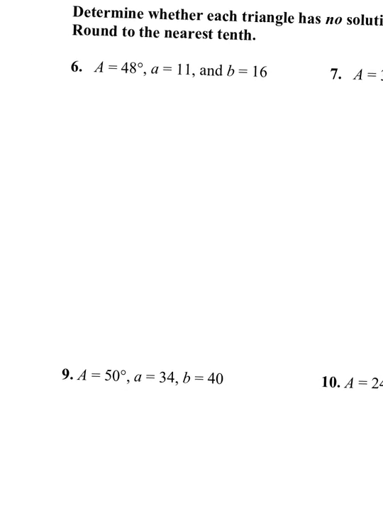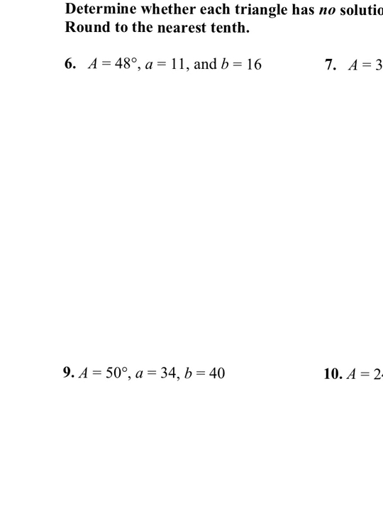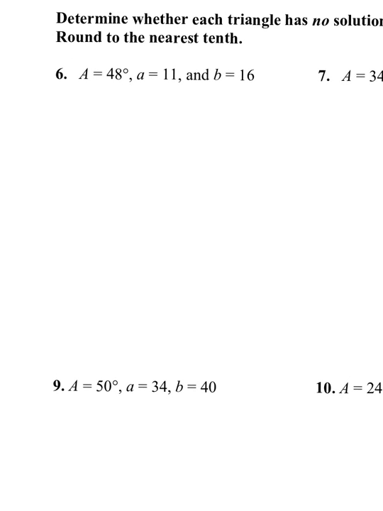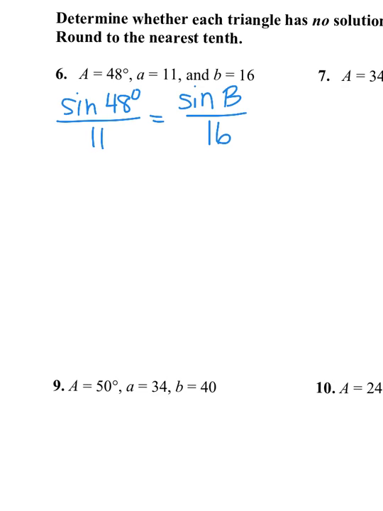All right, so for number 6, what we're going to do is we're going to set up our law of sines. All right, so we have sine of 48 degrees, that's angle A, over side A is going to be equal to sine of angle B, which we don't know, over side B. All right, so that is using the law of sines.